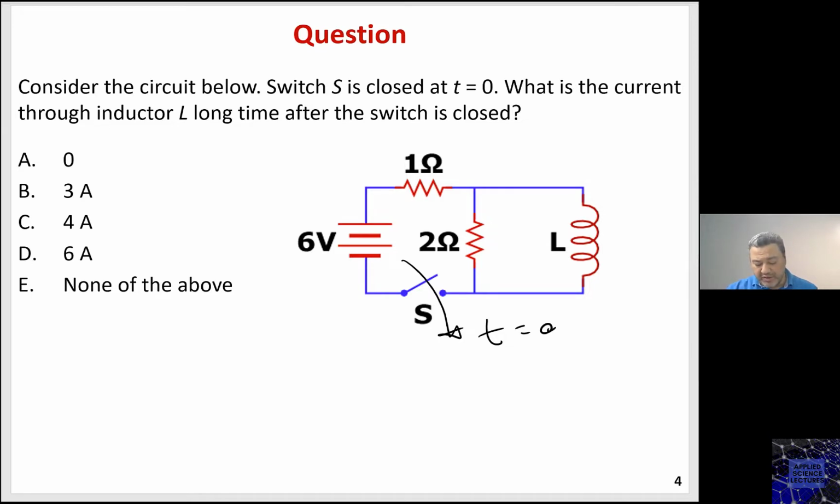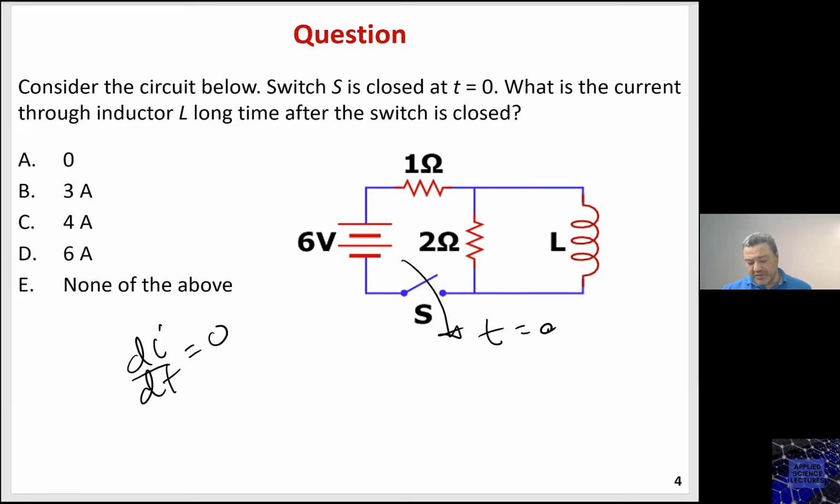Long time means that di over dt is 0 now. Why? Because the current is going to be constant, which means di divided by dt equals 0. So when I hear the words long time, I replace the inductor with a piece of wire. The inductor is going to act as a wire.